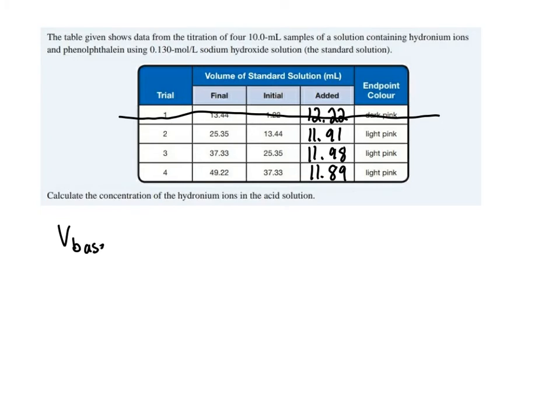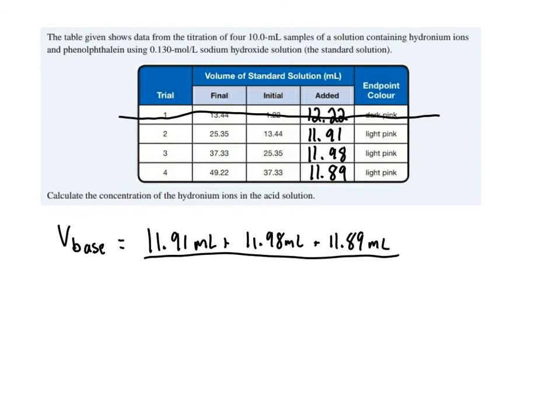If we think about that as our base, the volume of our base is going to equal 11.91 milliliters plus 11.98 milliliters plus 11.89 milliliters, and then divide that by 3. And we land up here with a volume of 11.93 milliliters as our average.